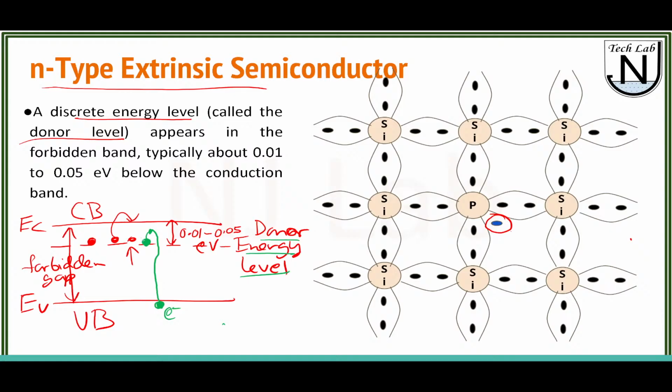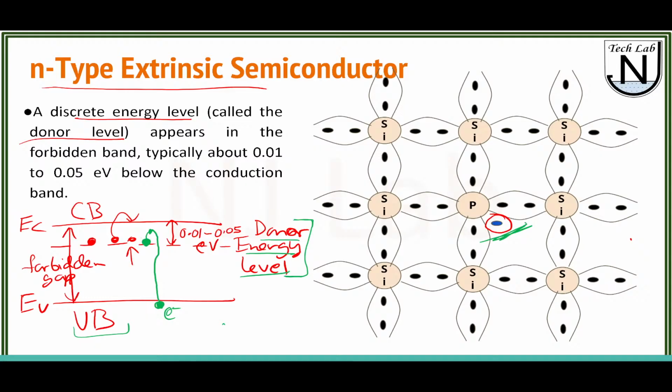So by establishing this donor energy level, it not only supports the free electrons that are available in the impurity, it also supports the electrons that are present in the valence band.